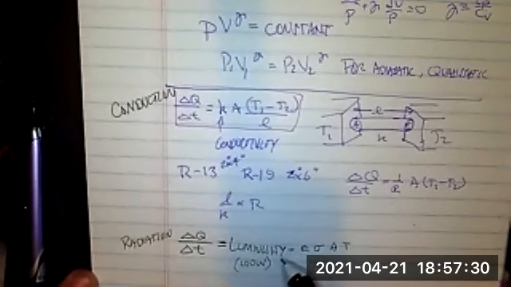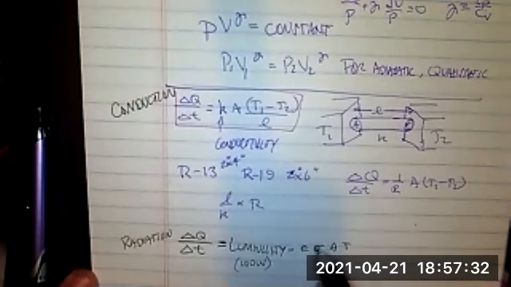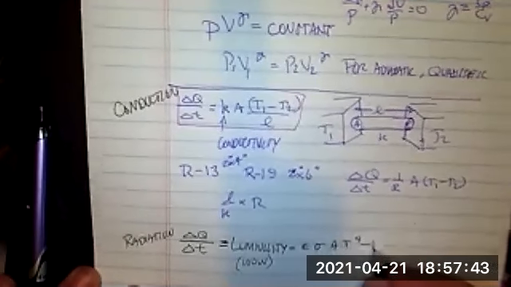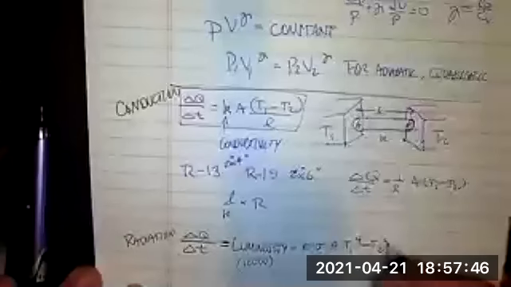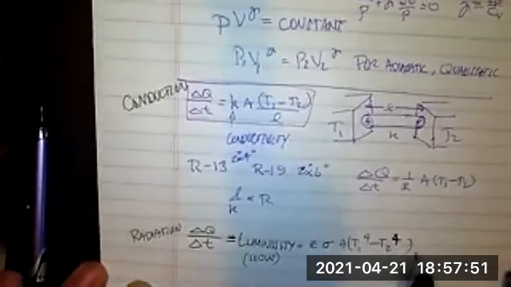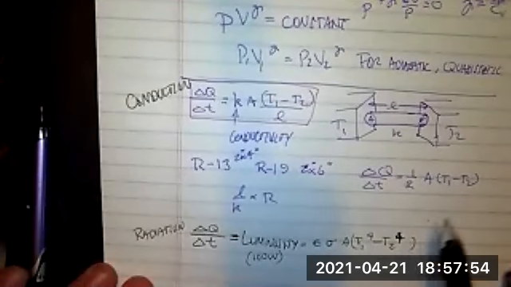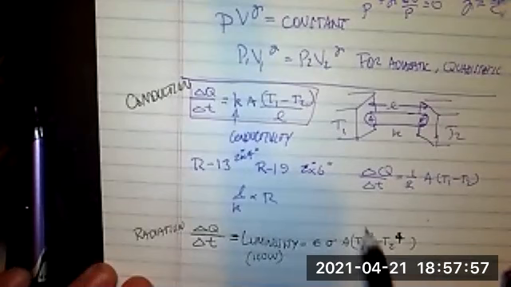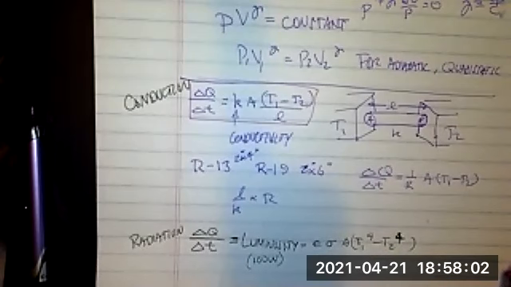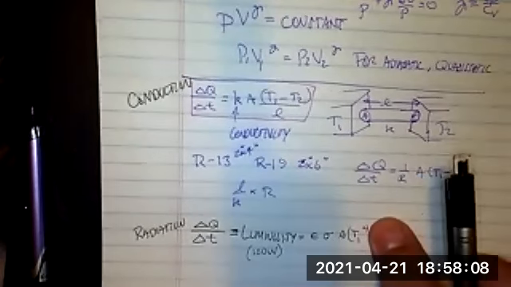So if you have a temperature of 100 Kelvin, you are radiating energy out, but at the same time the surroundings are radiating energy into you. So they often put it as T1 to the fourth minus T2 to the fourth. You don't really have the Stefan-Boltzmann equation unless you have a temperature putting energy in and a temperature taking energy out. This is really the Stefan-Boltzmann law, even though they normally just write it the short way.